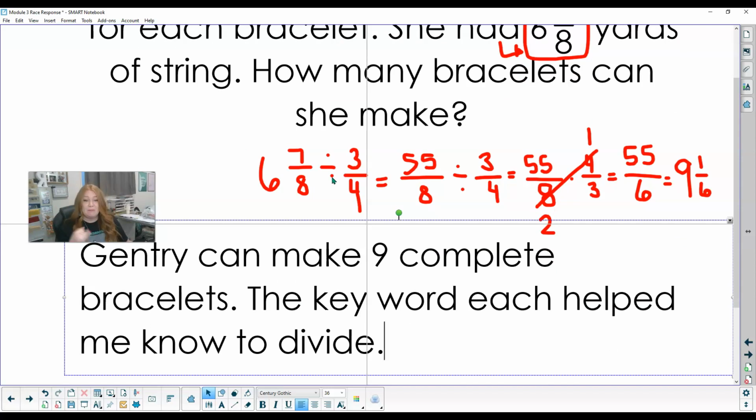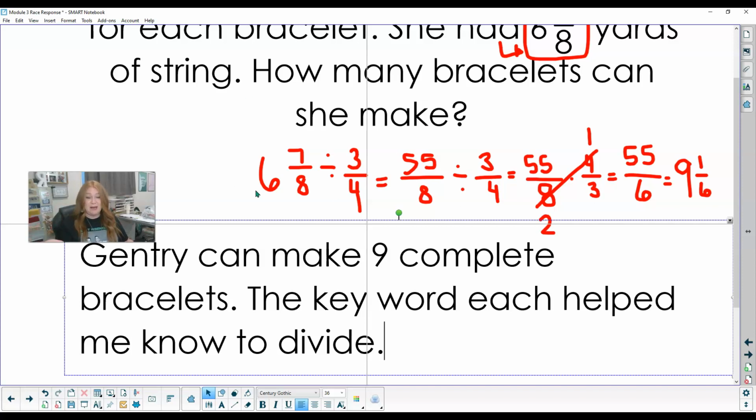And now my E is my evidence. If I did this in my head, I would then need to either show work or explain. But because I showed all of my thought process here, I made it improper. I used the multiplicative inverse. I multiplied, and then I simplified. I have all of my work right there.